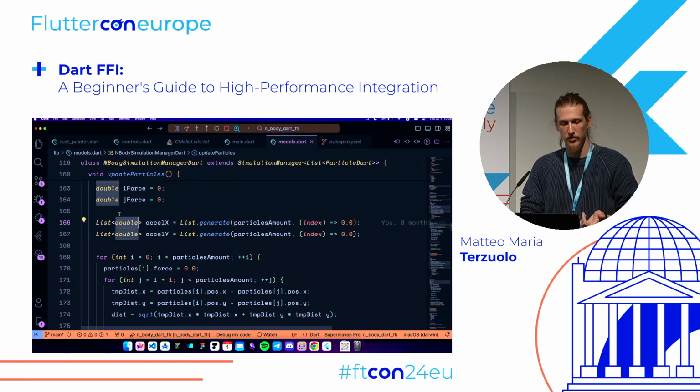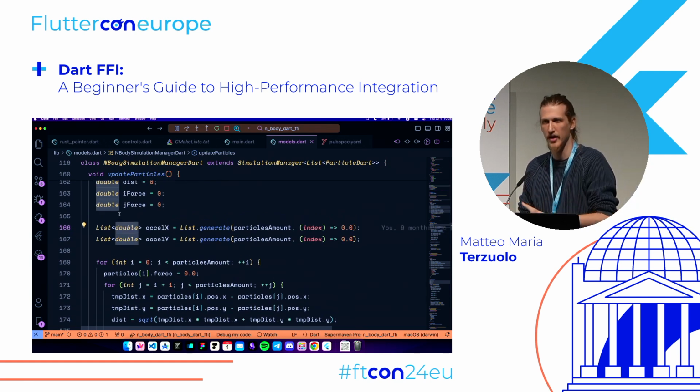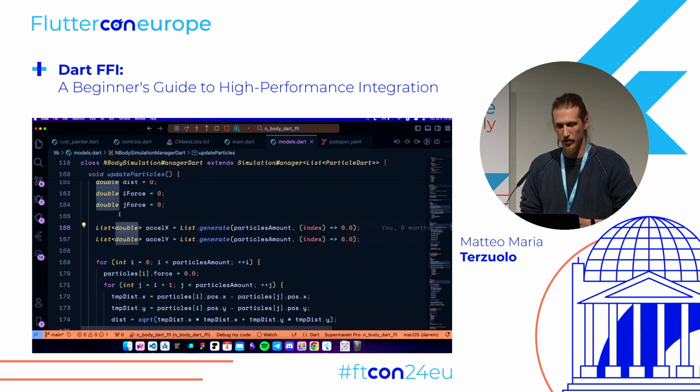And as I told you before, double is going to be boxed and unboxed every time. So reading all those values from the list, changing them and resaving them is going to be really expensive.